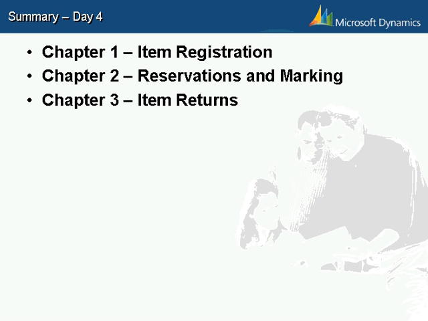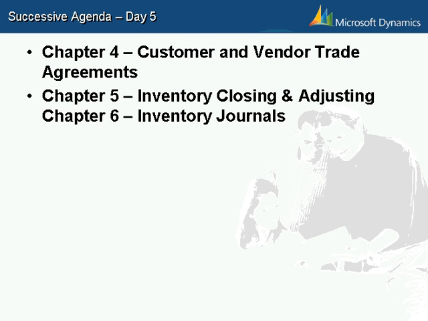On this day, we covered Chapter 1, Item Registration, Chapter 2, Reservation and Marking, and Chapter 3, Item Return. So I expect you to do the exercises regarding those chapters. I expect you to read your manuals regarding those chapters.